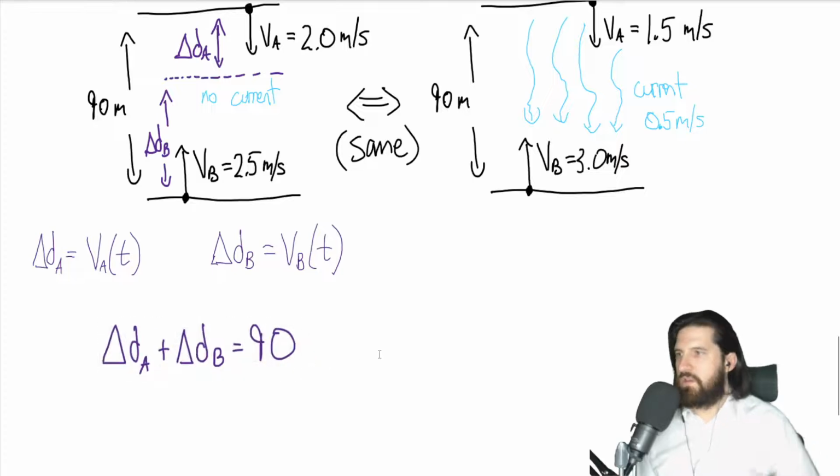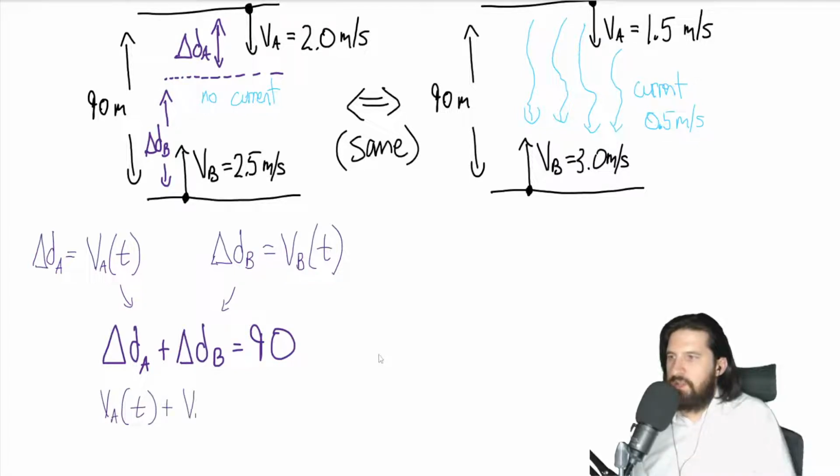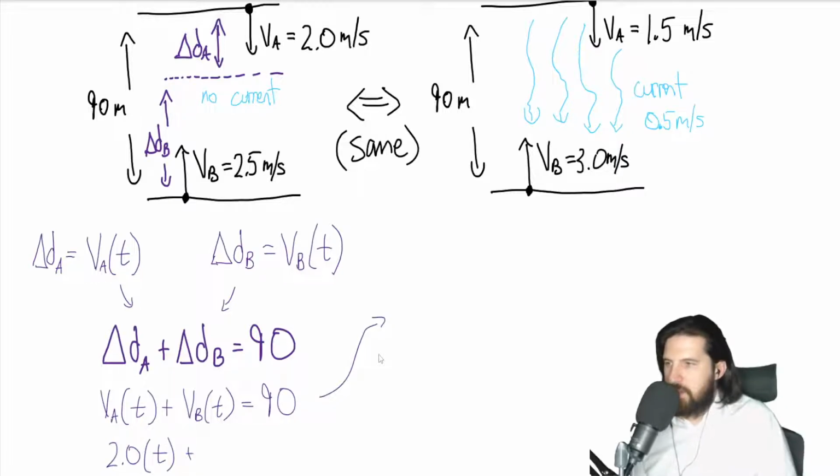And so those two can come together to give us this. And so VA times T plus VB times T is equal to 90. And now we know what VA is. VA is 2 plus 2.5, T is equal to 90.